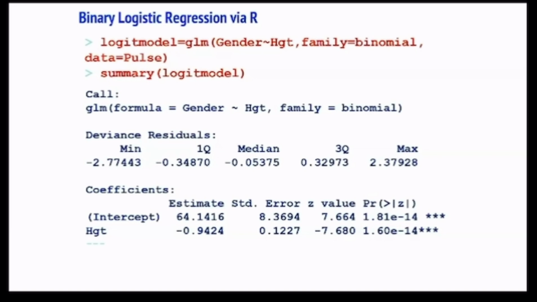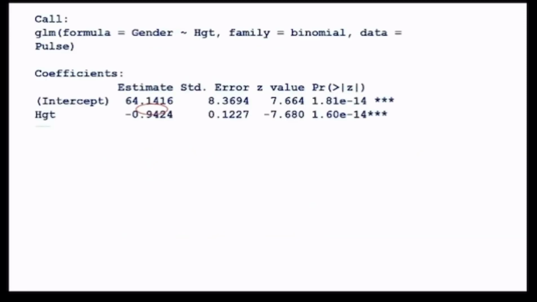Looking at the output that we got, I need you to pay attention to the estimate. In the logistic regression, look at the name, we're going to call them log odds estimates.